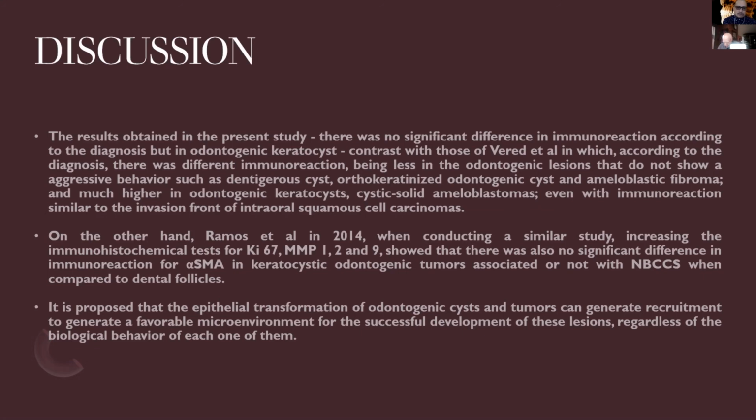It is proposed that the epithelial transformation of odontogenic cysts and tumors can generate recruitment to generate a favorable microenvironment in the successful development of these lesions, regardless of the biological behavior of each one of them.